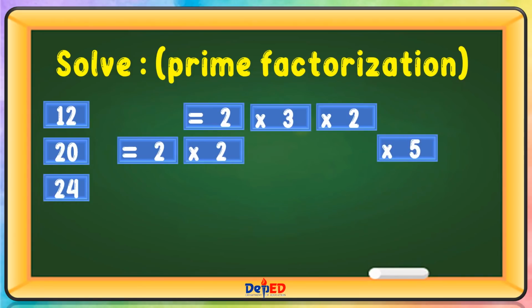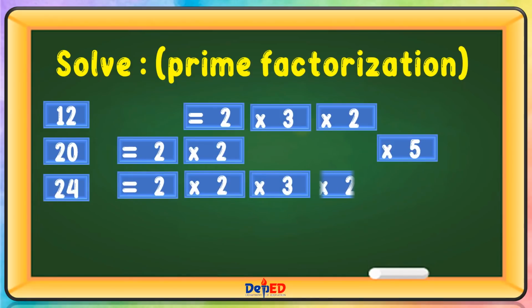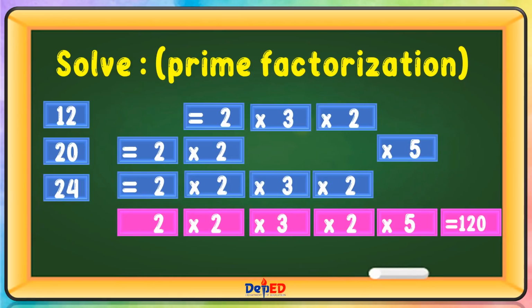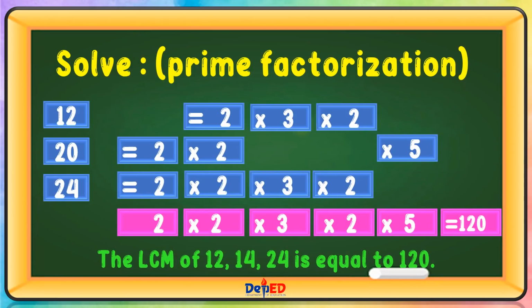The prime factorization of 24 is 2 times 2 times 3 times 2. 2 times 2 times 3 times 2 times 5 equals 120. The LCM of 12, 20, 24 is equal to 120.